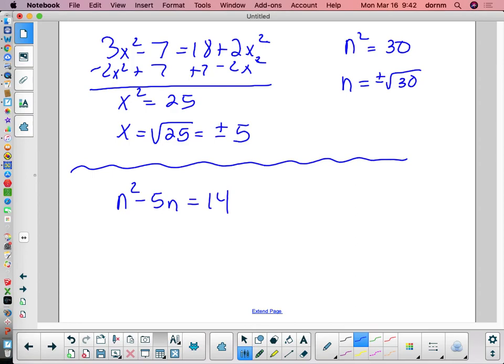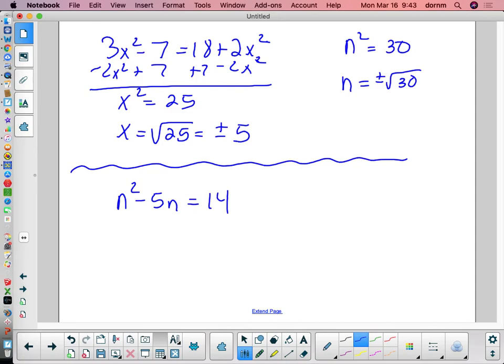But we're jumping into day 3. What happens when I get something like this, like a trinomial? So trinomial means I have 3 different terms that I can't combine. I have an n squared term, I have an n term, and I have a constant. Nothing cancels out, nothing goes away. How do we solve that situation?